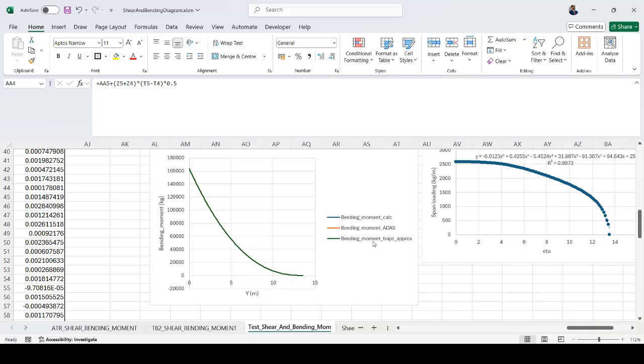The green line, the trapezoidal approximation, matches the bending moment calculated as ADAS, the bending moment calculated with this method, which is very crazy. But the trapezoidal approximation is much simpler and gives us the same result, as you can see.